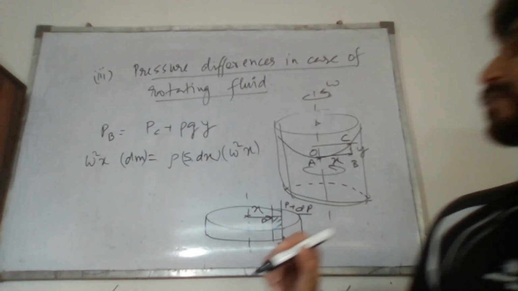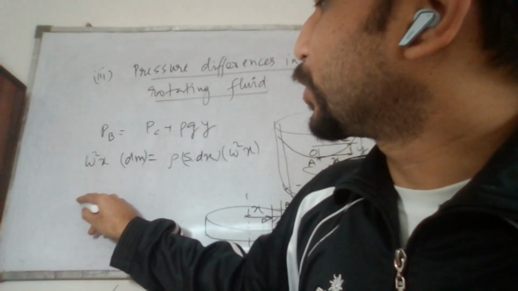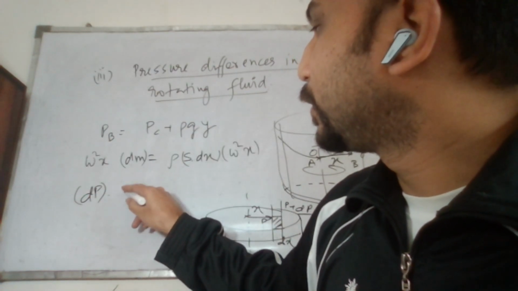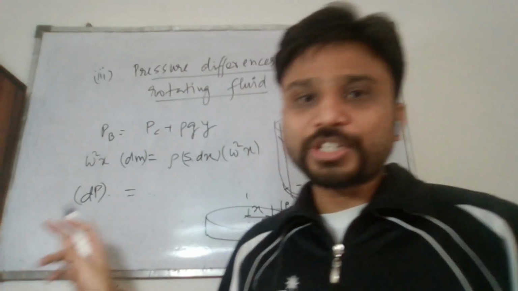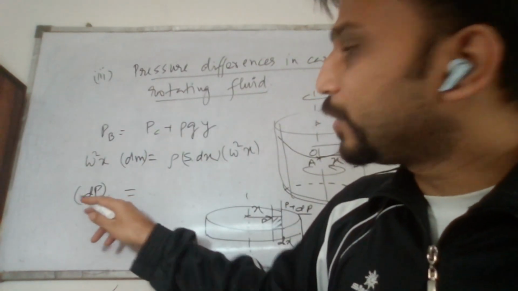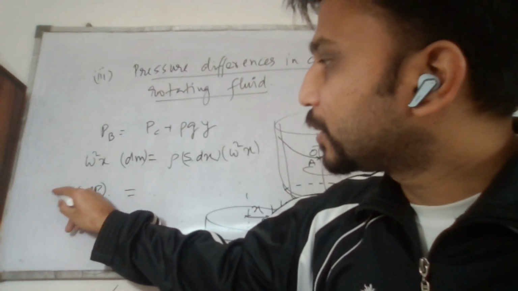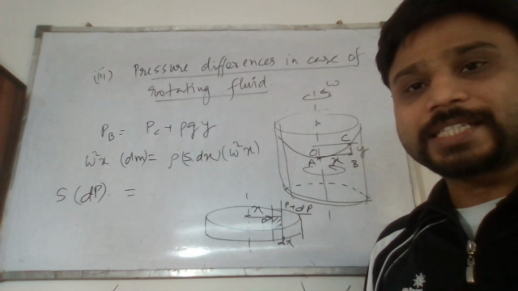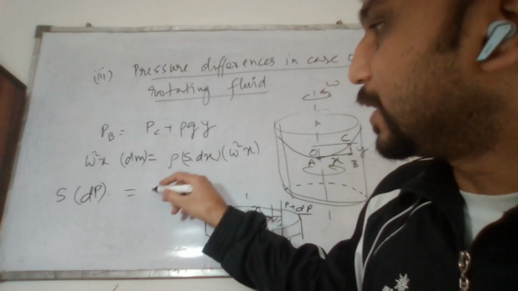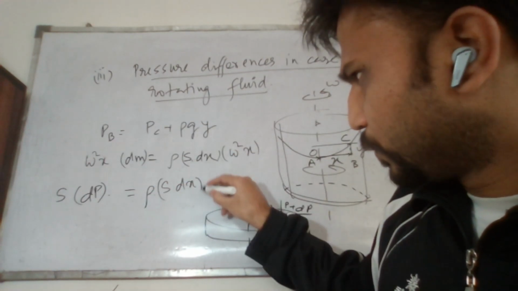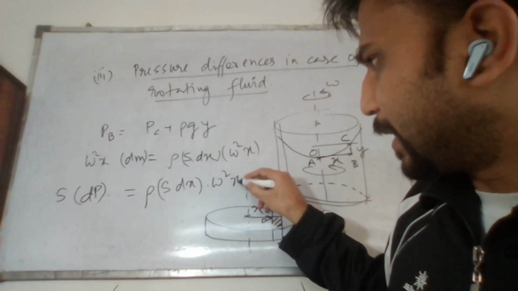So there is the extra pressure, right? This extra pressure is providing that force. So we'll multiply the extra pressure dP with the surface on which it is acting, that is S, to give us rho S dx into omega square x.